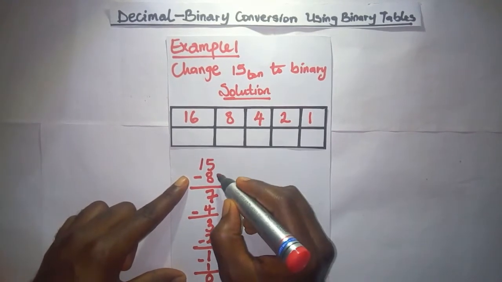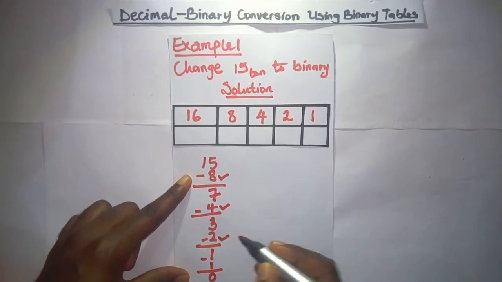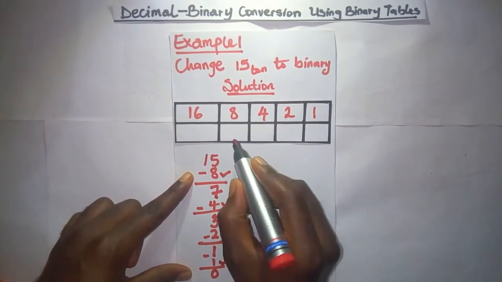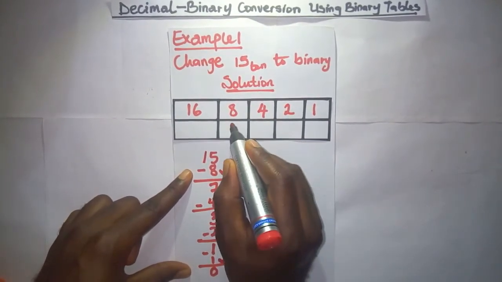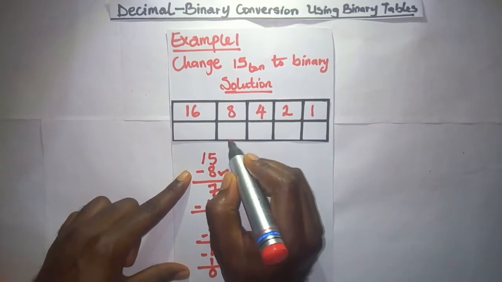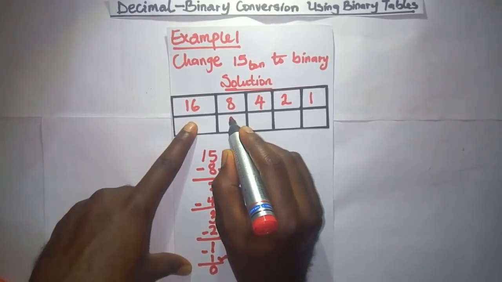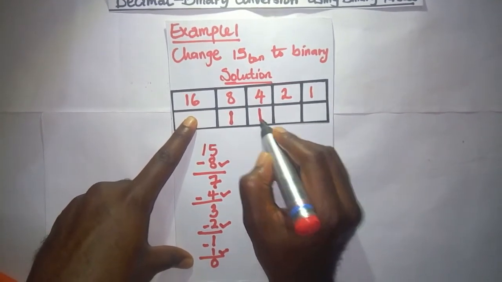So it means we are using 8, 4, 2, and 1. All of these we are going to indicate: if we are using any of these numbers, we'll put 1 representing yes. We are using 8, yes. We are using 4, yes.